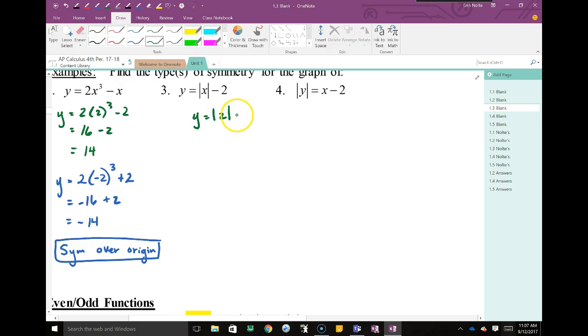Ooh, yeah. So what happened here? What do I get? 0. So what do you think about this? Something symmetrical over the y-axis, and we plug 2 in.